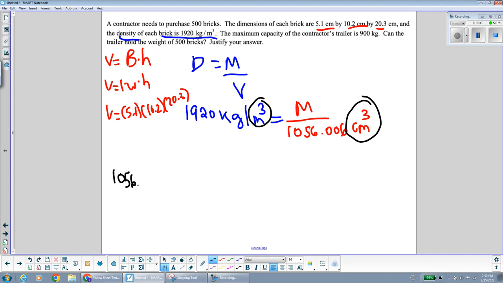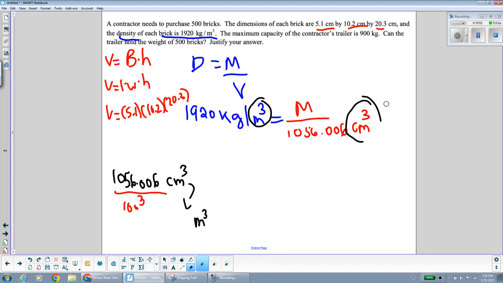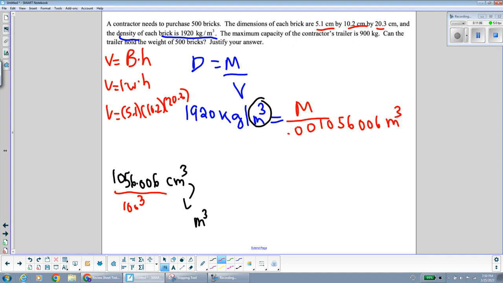What I actually have to do to go from cubic centimeters to cubic meters is divide by 100 cubed, because the conversion from centimeters to meters is divide by 100. But we're going from cubic centimeters to cubic meters. So let me write down what I got for the volume. That is approximately 0.001056006. And now that is in cubic meters.